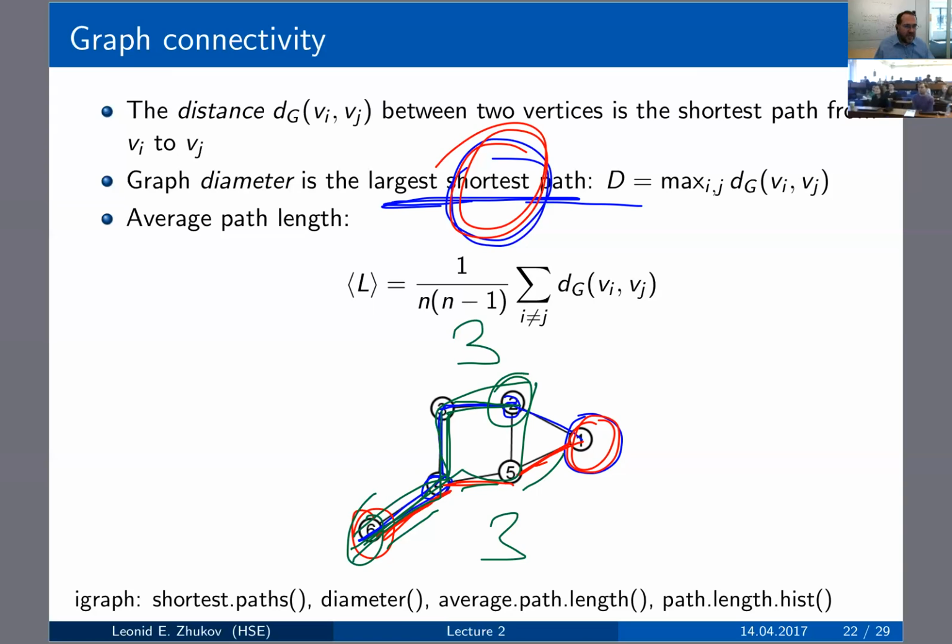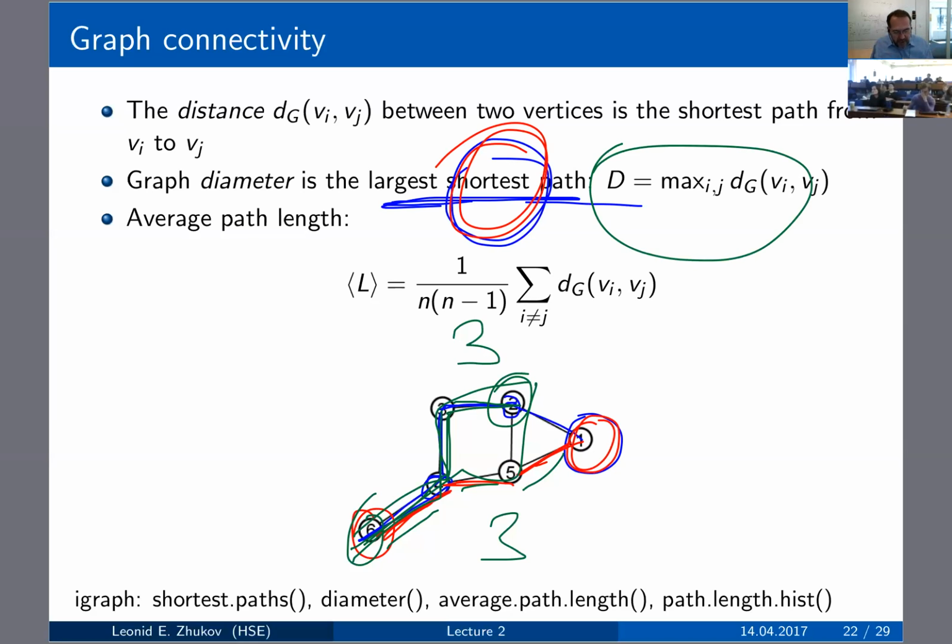Make sense? So it's the largest among all the distances, largest among all the shortest distances. So that's the graph diameter. Again, the computer will compute it for you, but it's good to understand what it is.